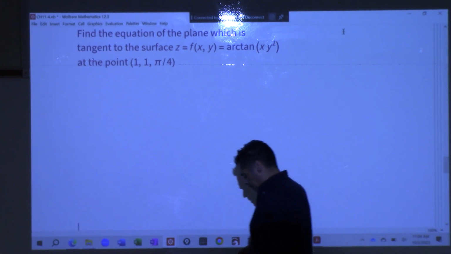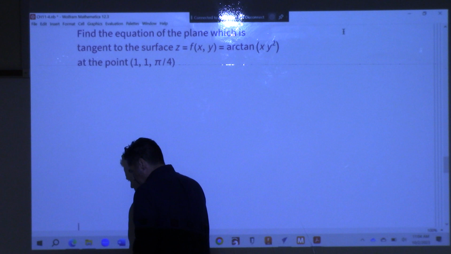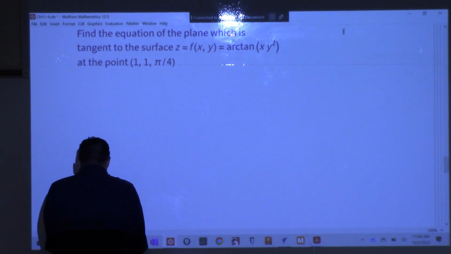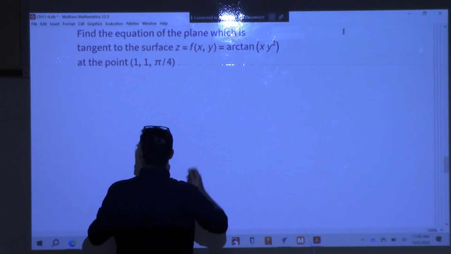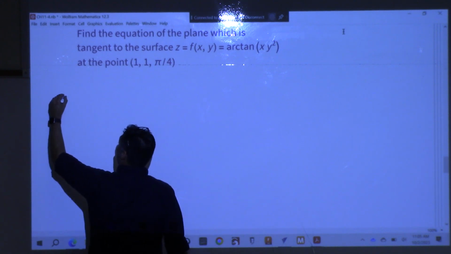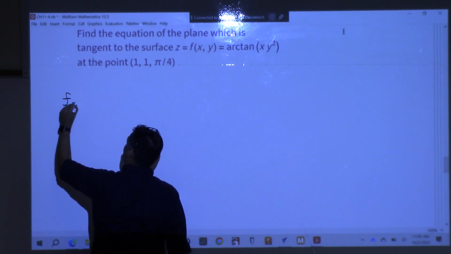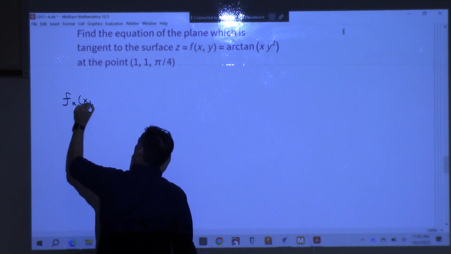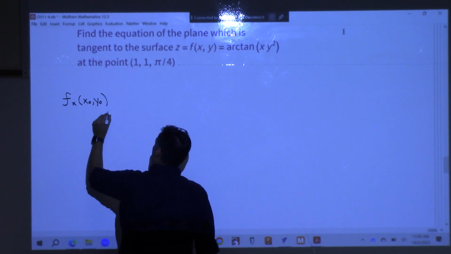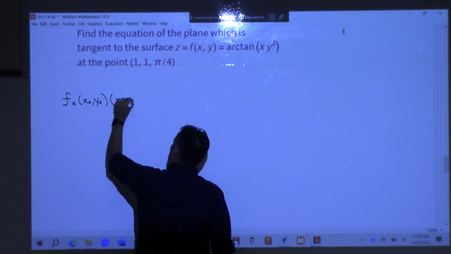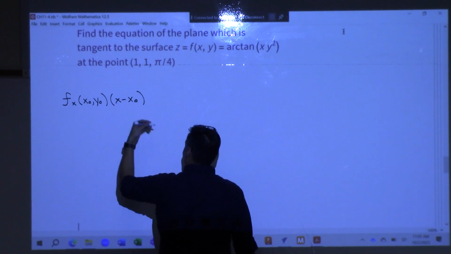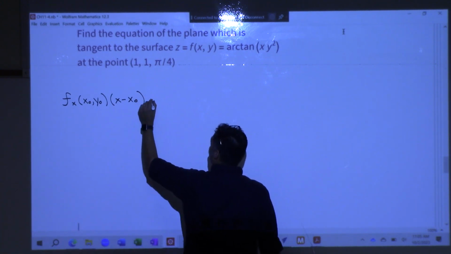Okay, I'll do it. So I need the formula first, right? The formula says that to find the equation of this tangent plane, I'm going to take the partial of f with respect to x, evaluate that at x naught, y naught, then multiply that by x minus x naught. This formula I'm just copying from the notes earlier.